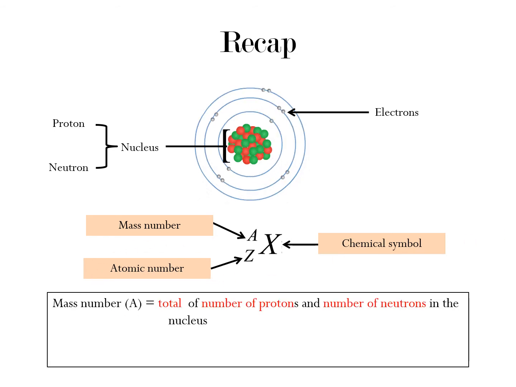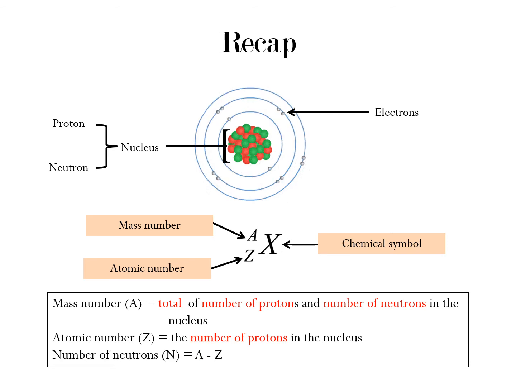Mass number is the total of number of protons and number of neutrons in the nucleus. For atomic number, it is the number of protons in the nucleus. Number of neutrons can be obtained by subtracting the atomic number from the mass number.